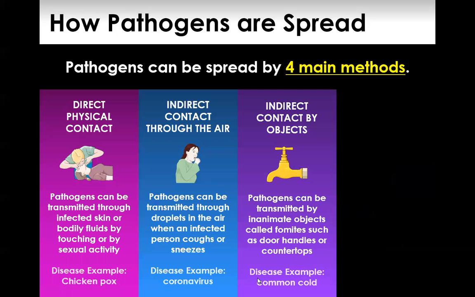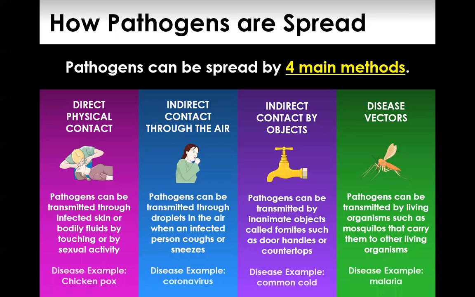Okay, so let's get into how pathogens are spread. Pathogens can be spread by four main methods: direct physical contact, indirect contact through the air, indirect contact by objects, as well as disease vectors. When we talk about direct physical contact, that means us coming in contact with infected skin, bodily fluids, right?